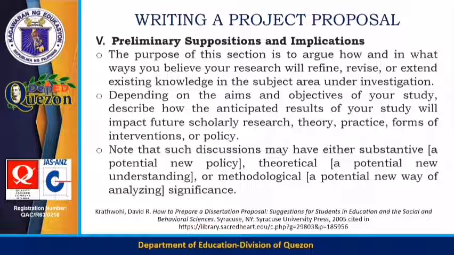And this is a very important thing to do because this would serve as your contribution to the body of knowledge and to the community you are intending to help.